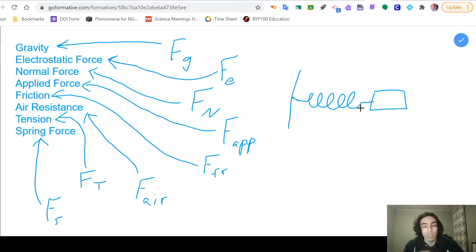And again, we'll talk more about this with Hooke's law later, springs can either pull or push depending on whether they're extended beyond their equilibrium length or compressed to less than their equilibrium length. So we know if we stretched this spring, intuitively, the spring would pull back on our object, and if we compressed this spring, it would push and try to extend and get back to its equilibrium length. So that's the slightly weird thing about spring force.